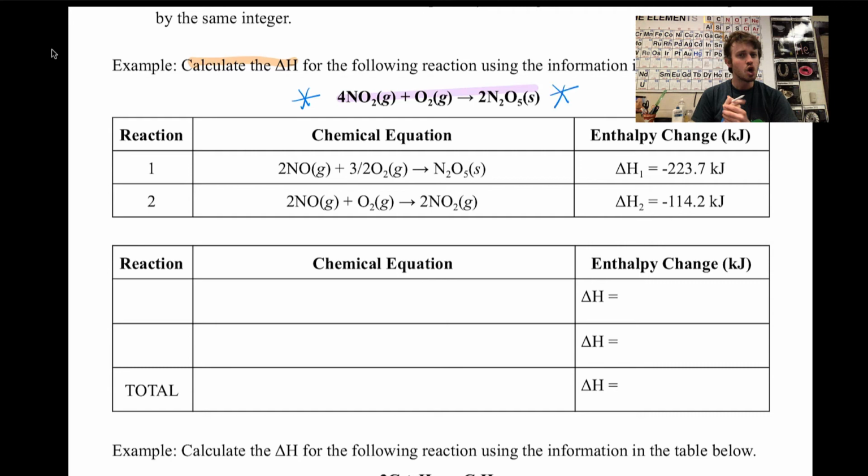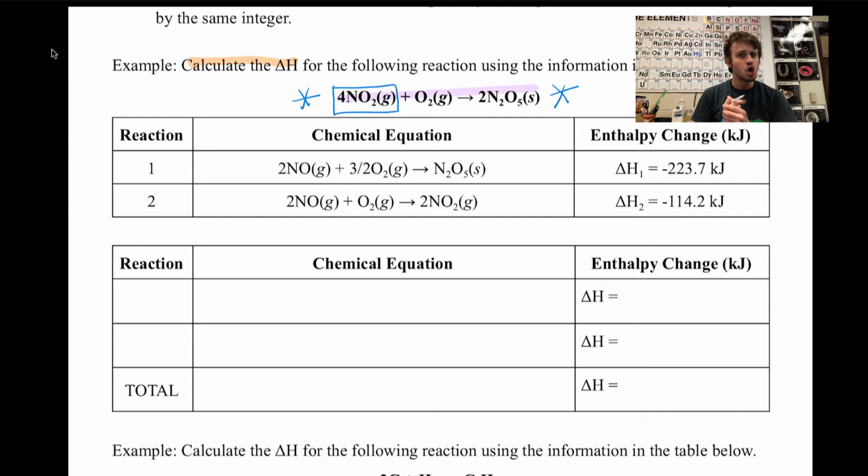Okay, here's how I like to do it. I look at the reaction that I'm trying to build, that I'm trying to calculate the delta H for, and I look at one of my reactants. In this case, I'm looking at NO2. I see that NO2 has a coefficient of 4.